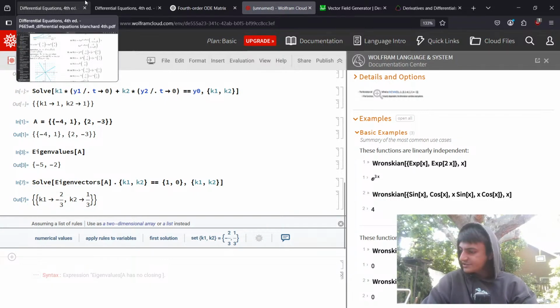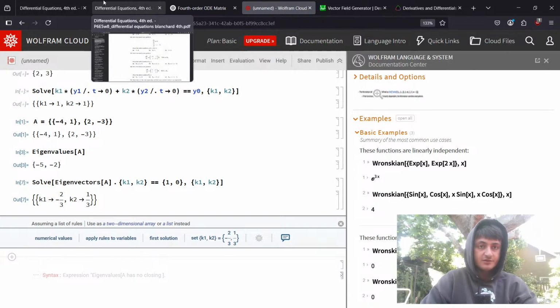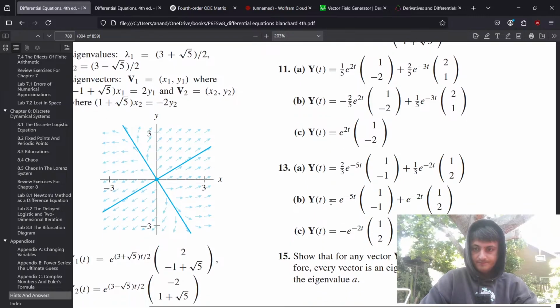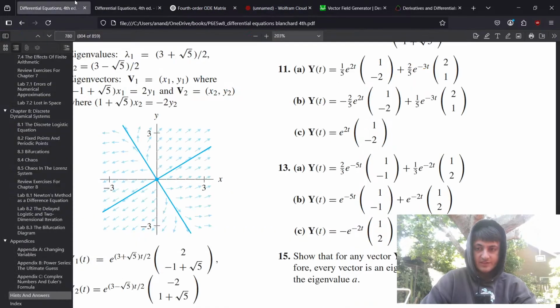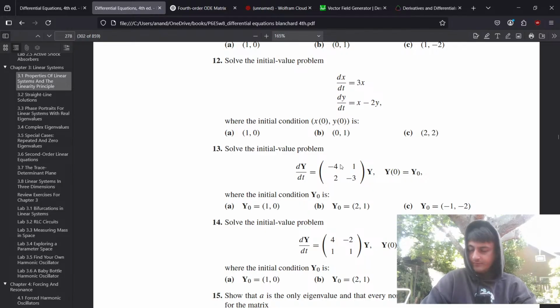Let's just go check. This is problem 13, right? 2/3 and 1/3? Or wait, was it negative 2/3? No, it wasn't. Did I write it down wrong?